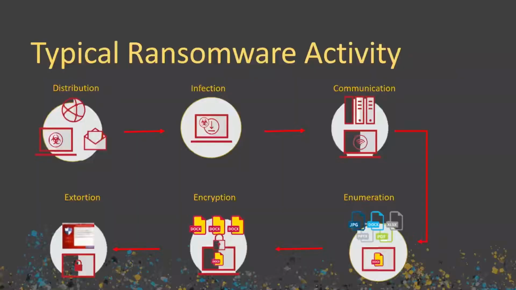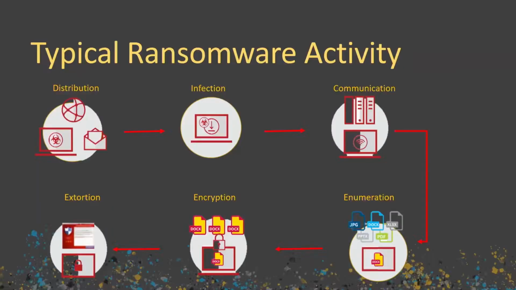So in this talk, we're going to focus more on crypto ransomware, which uses encryption to prevent access to your resources and essentially extort from there. And again, this is a flow I'm sure most people here are familiar with.